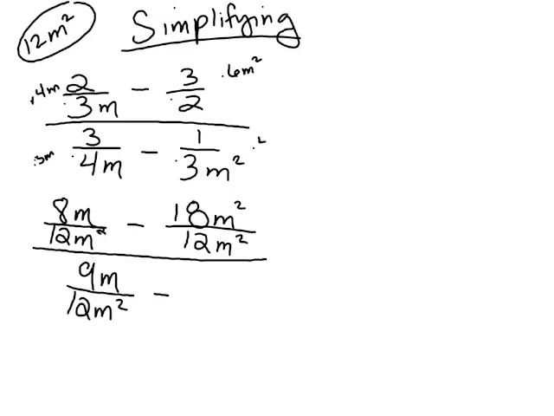Okay, times by 4. So I'll have 4 over 12m squared. Okay, now my denominators are all the same. So can I do anything? Yes. Okay, what can I do?